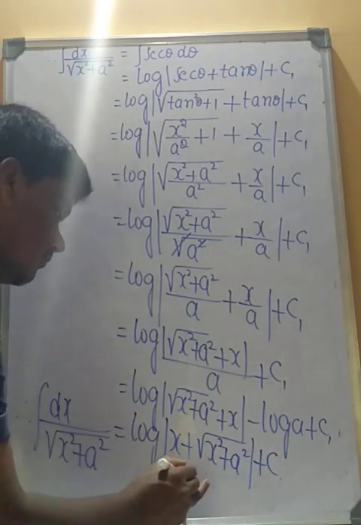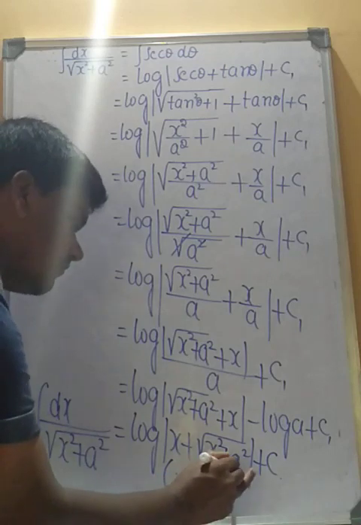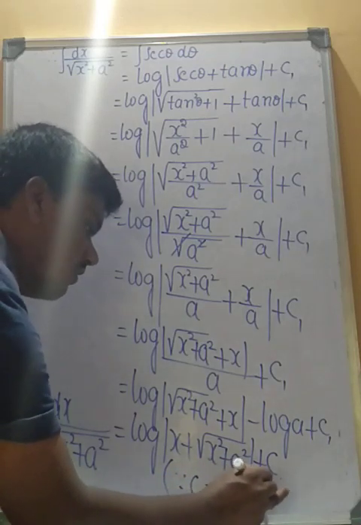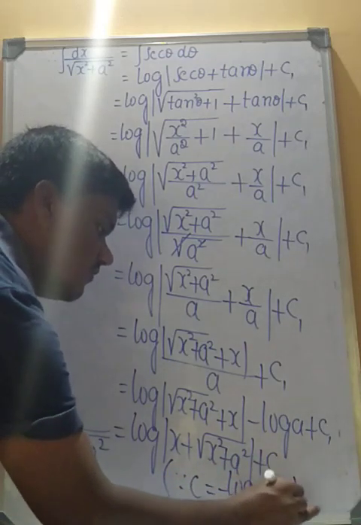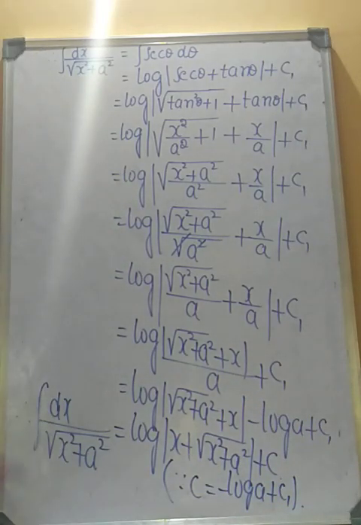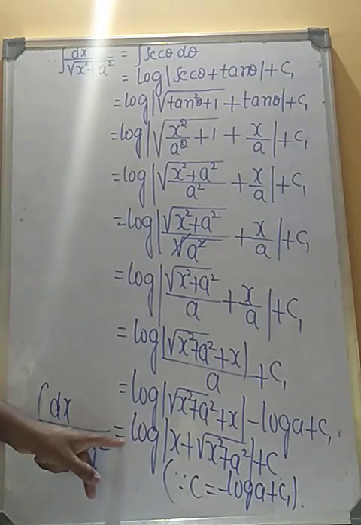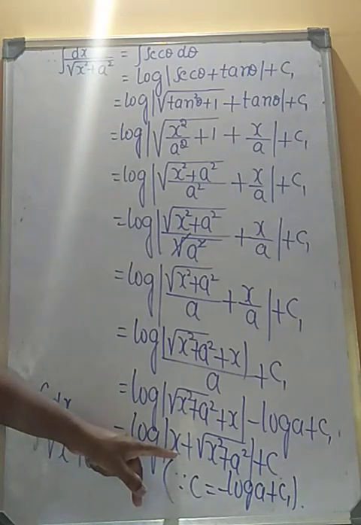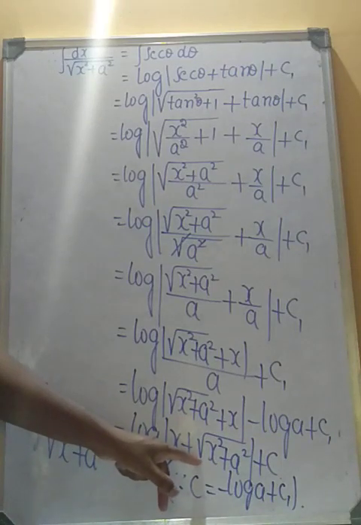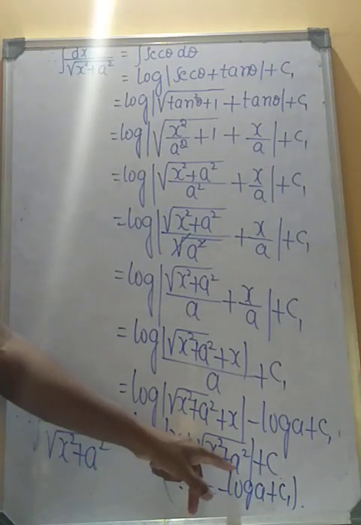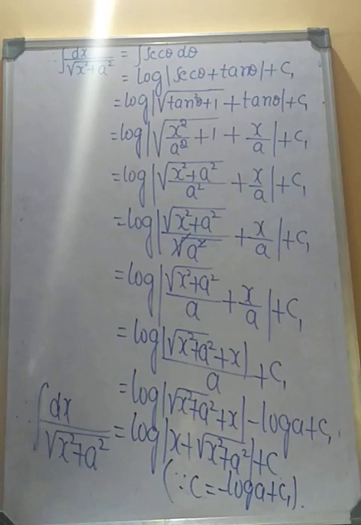Since c equals minus log a plus c1, therefore integral of dx by root of x square plus a square is log of mod x plus root of x square plus a square plus c.